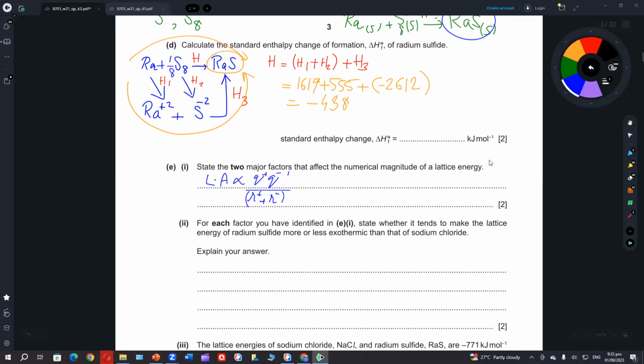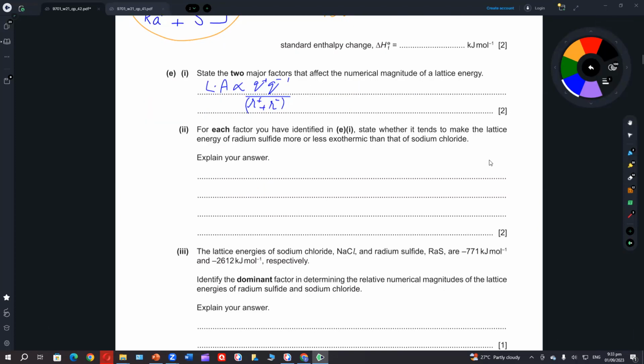It will be more exothermic. We have to see carefully. Radium is +2, sulfur is -2. Na is +1, Cl is -1.